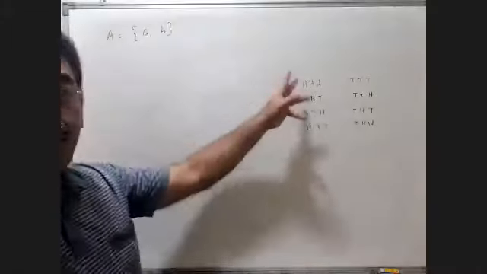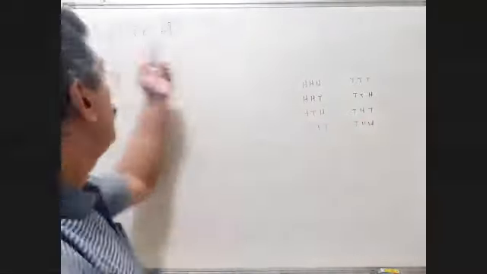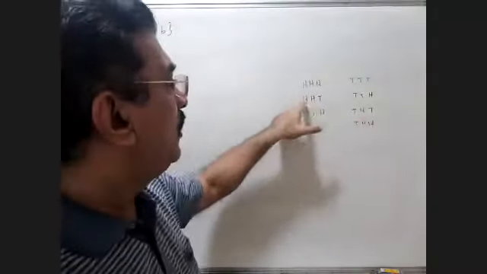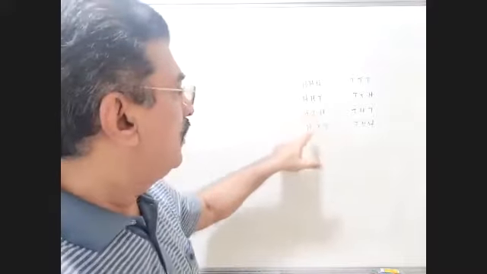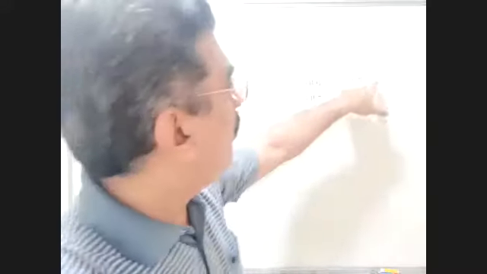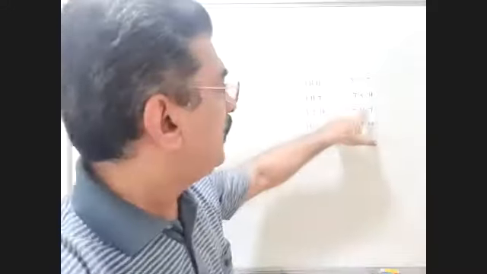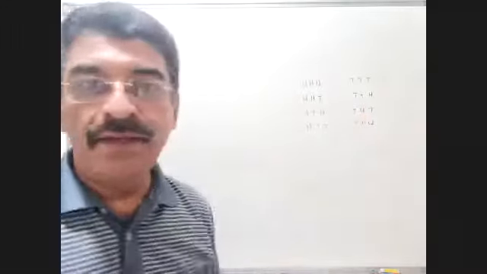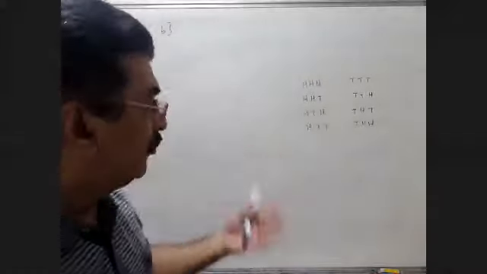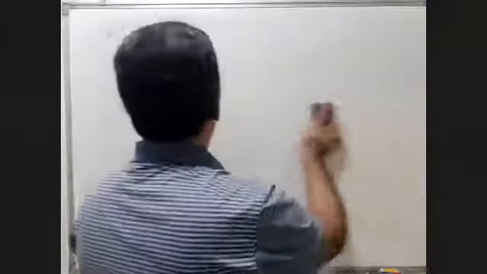So instead of H and T, these two elements, a and b, it will be aaa, aab, aba, abb. Again bbb, bba, bab, baa. In that way also we can remember it. So for remembering, we have two methods.